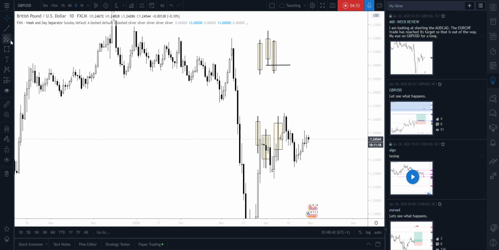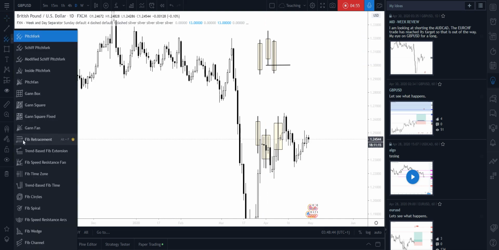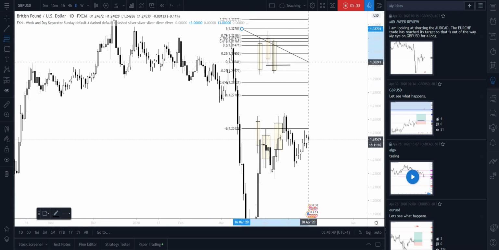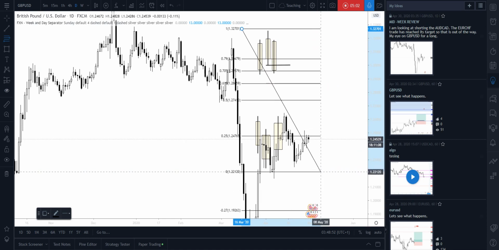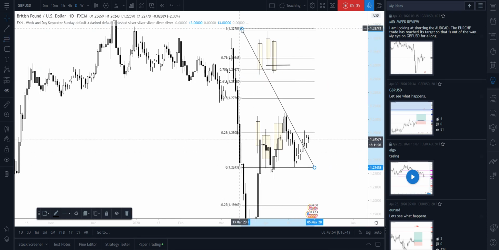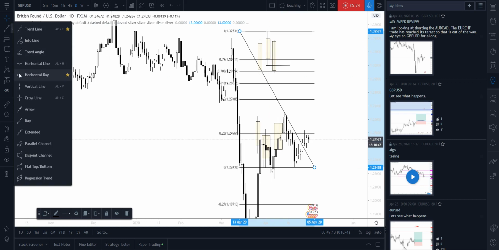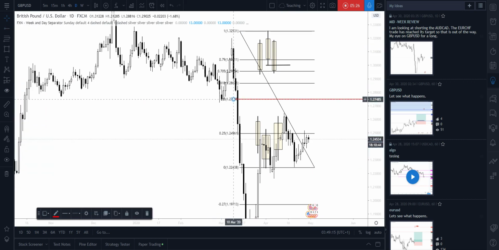What you're going to do is pick your Fibonacci retracement tool and measure the high to the low, whilst this candle is trading as a daily candle, because we've closed below here. You draw a line at the 50%.